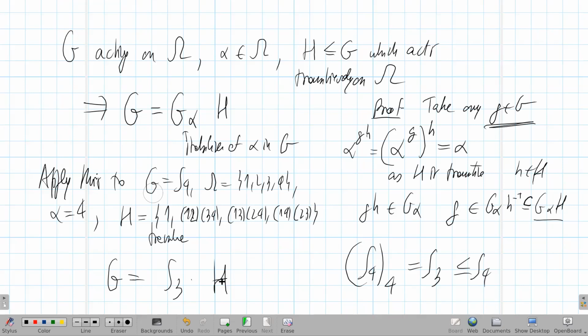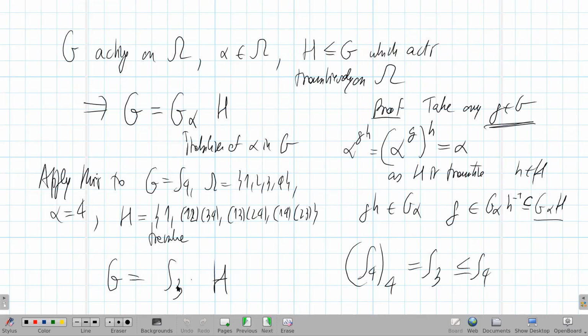So S4 is equal to the product S3 H, where H is what was called V in A4. And of course, S3 intersect H is trivial. Why is it so? Because S3 is the stabilizer of 4, and the only element in H stabilizing 4 is 1.